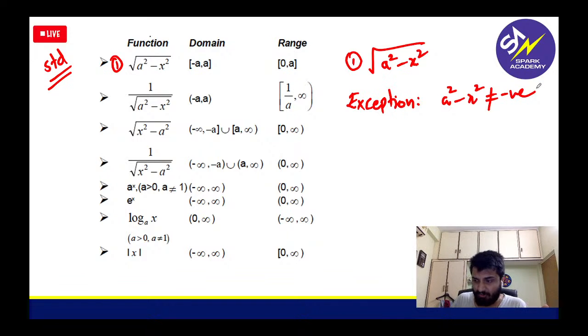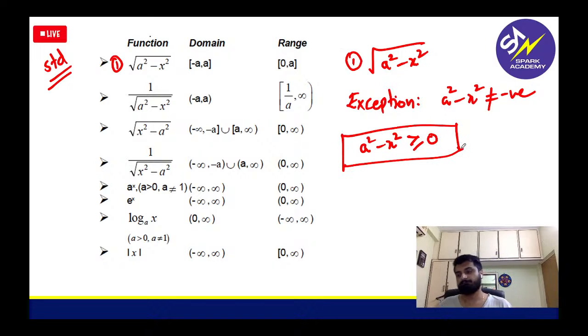Shouldn't be negative means what? I can say this a square minus x square should be greater than or equal to 0. That means the negative part you are not taking. Only the positive part as well as 0 we can take, whatever is inside. Now upon simplifying, so how do you simplify an inequation?